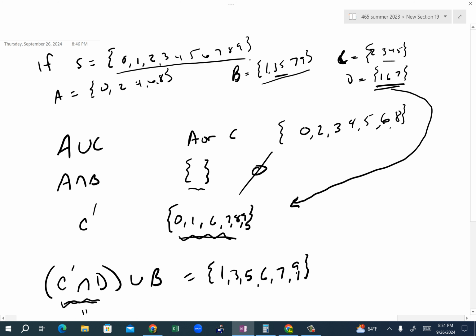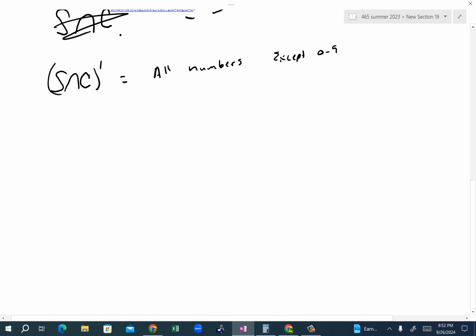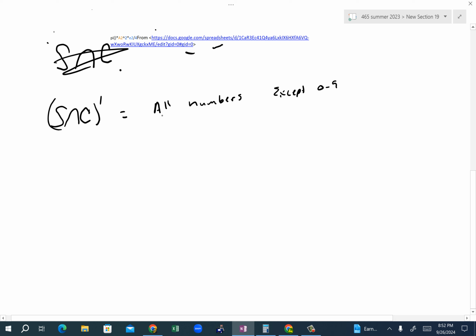So you could say all numbers except 0 to 9, which is what most people would think. Your book is probably going to ask for just the sample space, because there's nothing left besides those. I would take either one. I would never give you one that's goofy on the test, because that's just picking on people at that point.